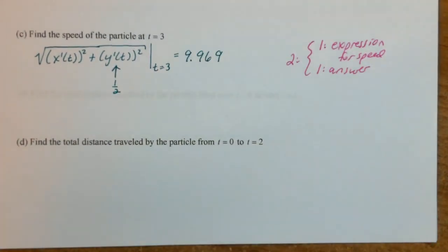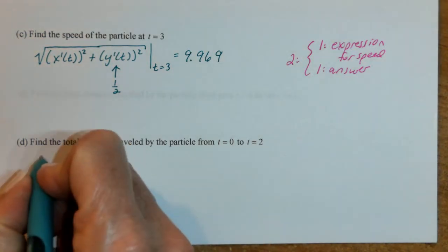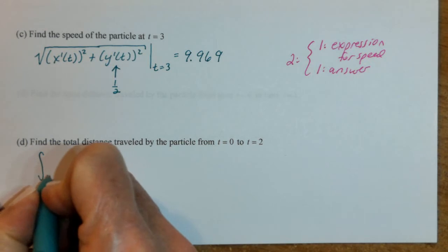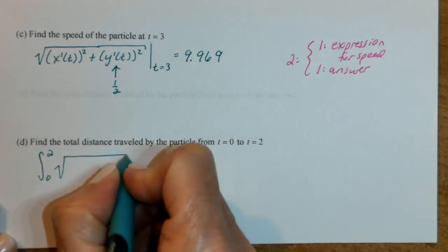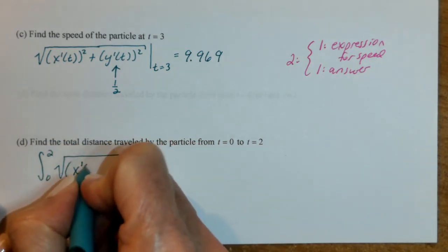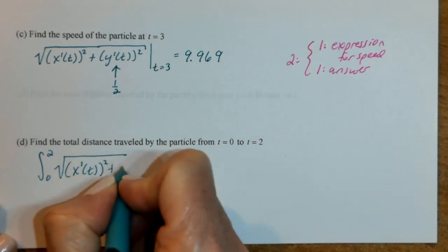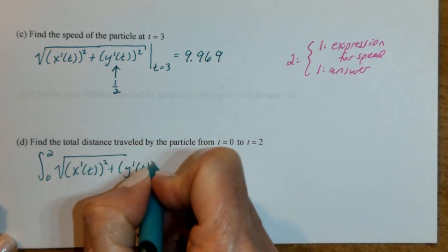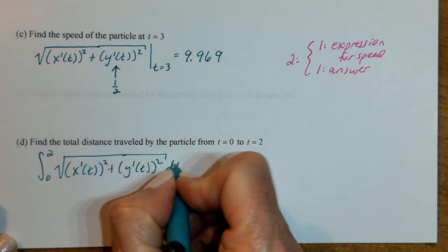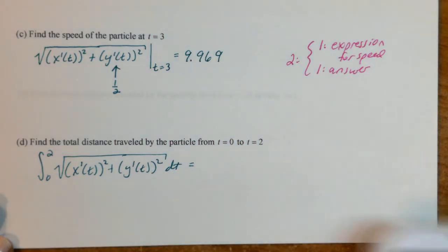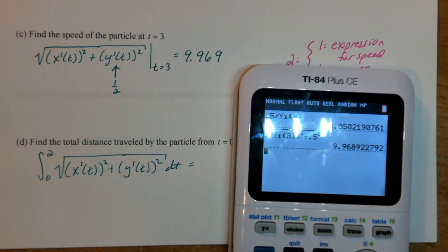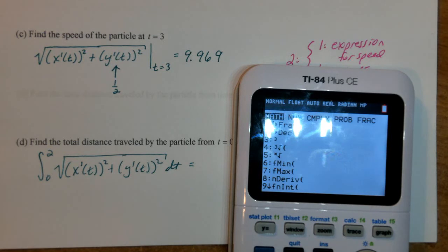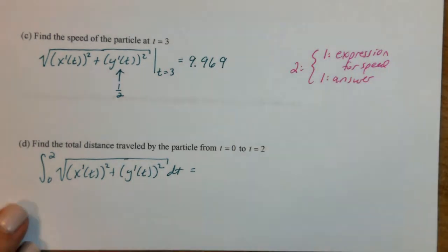Part D, find the total distance traveled by the particle from 0 to 2. Another formula. This is the integral of the speed. Actually, there is a little bit more to this, isn't there?